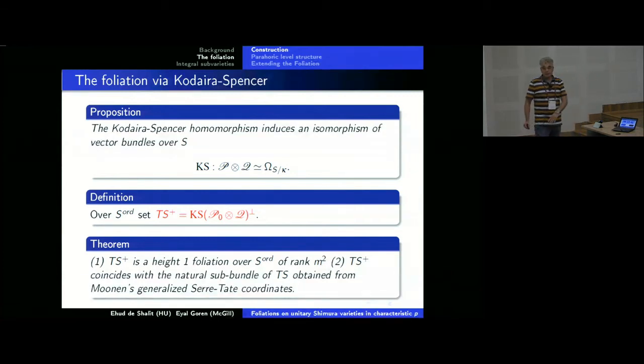Everybody knows this, but what's hiding behind it is really deformation theory and the Kodaira-Spencer morphism. So the Kodaira-Spencer homomorphism is an isomorphism between P tensor Q and omega S. And of course, this works not only in the special fiber. P is n-dimensional, Q is m-dimensional, S is n times m-dimensional, so the numerology works out well.